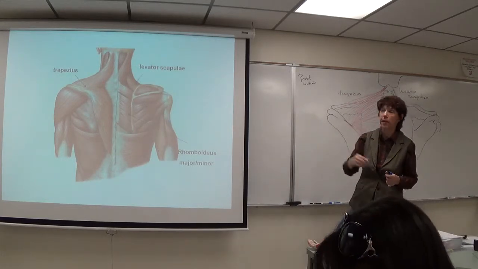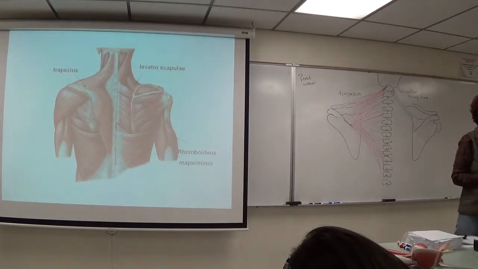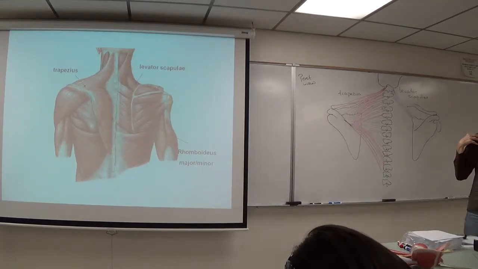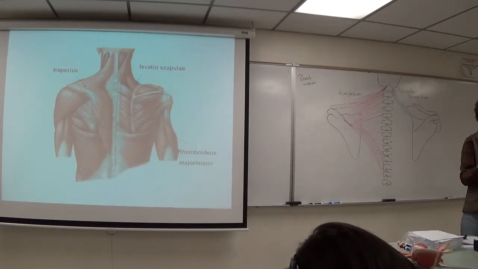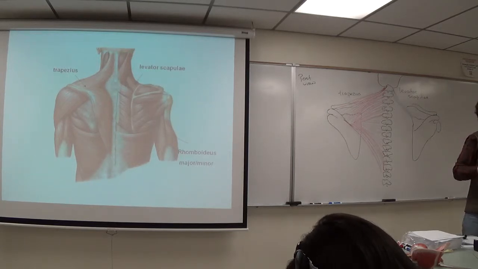Now, deep to the trapezius, we have a pair of muscles, the rhomboideus minor and major, that also keep the scapula attached. Remember, the scapula doesn't have any ligaments that attach it to the torso. It's attached by the clavicle here to the sternum, and that's it. So these muscles become very important in keeping the position of the scapula.